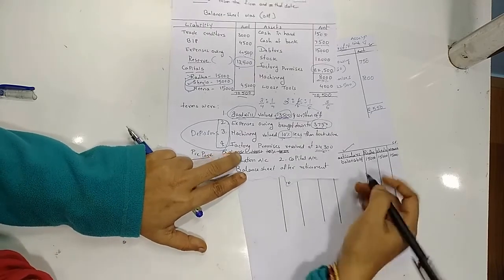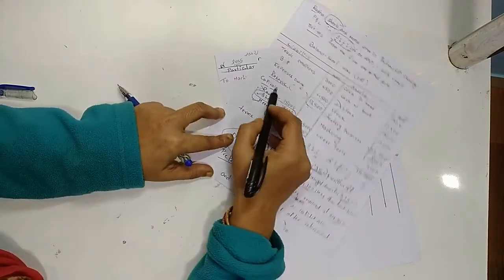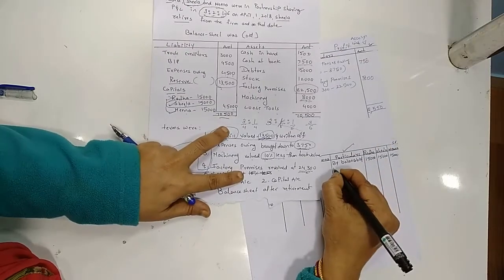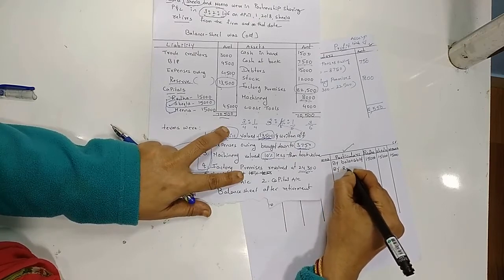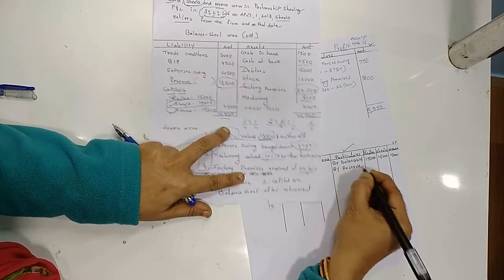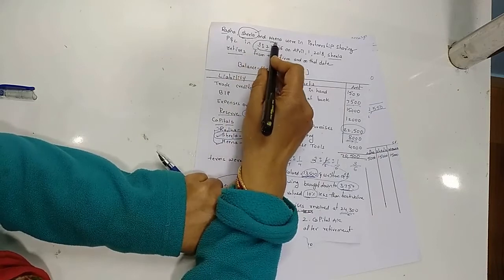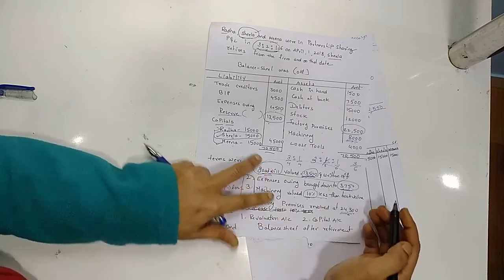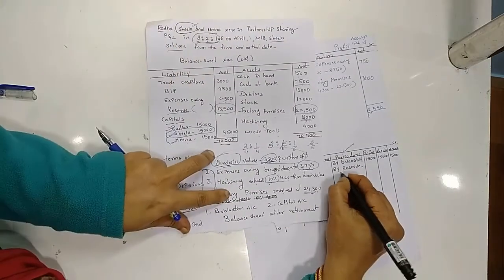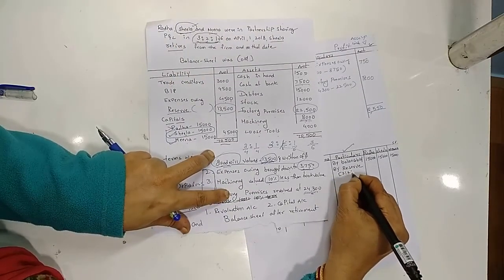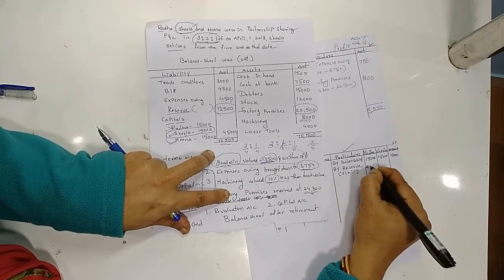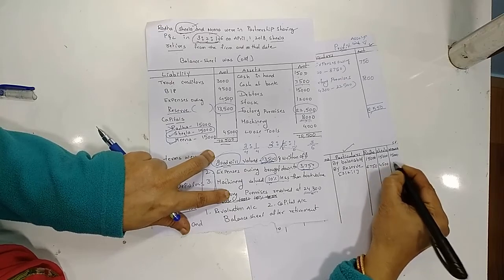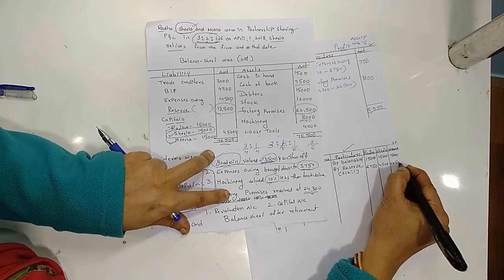What will you share? Always you will find a reserve in your previous balance sheet. As I told you, reserve is a previous profit share which relates to Radha, Sheila and Meena. You have to share that reserve in 3:2:1, so it will be 6,750, 4,500 and 2,250 for Meena.